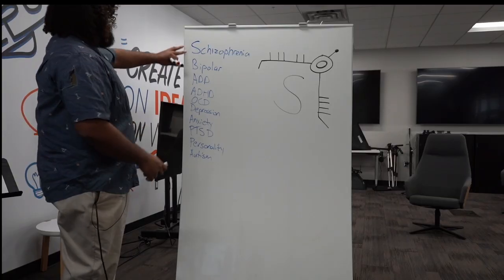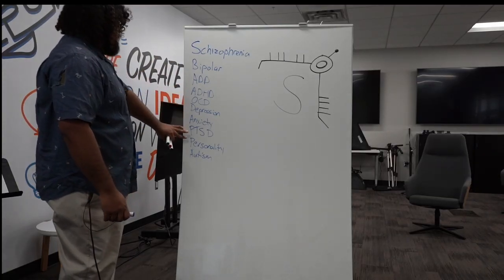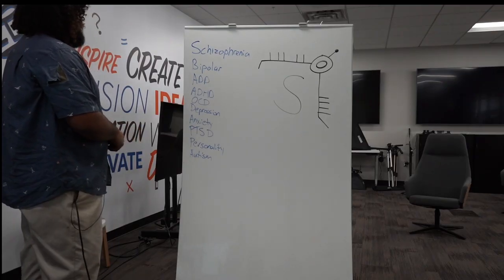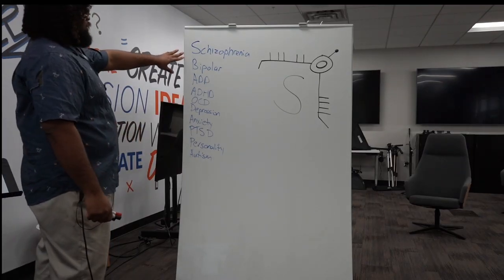So that's 1, 2, 3, 4, 5, 6, 7, 8, 9, 10 different diseases, and most of these are going to be their own kind of category.